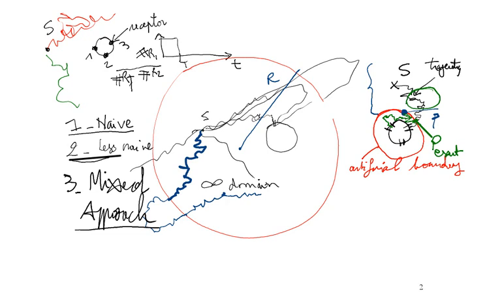Instead, we start from the red boundary that we have shown here, and simulate trajectories inside.